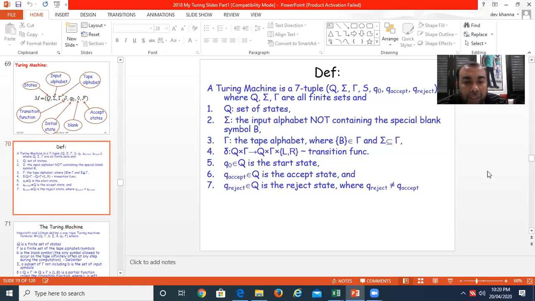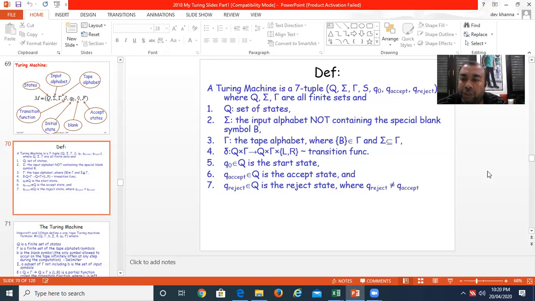So these 7 tuples are defined here. Nothing new. The required theory is discussed in the previous slide. You can go through that, but very rarely it may be asked in the examination. The most probable question is that a language will be given to you and the examiner will say draw the Turing machine for it.